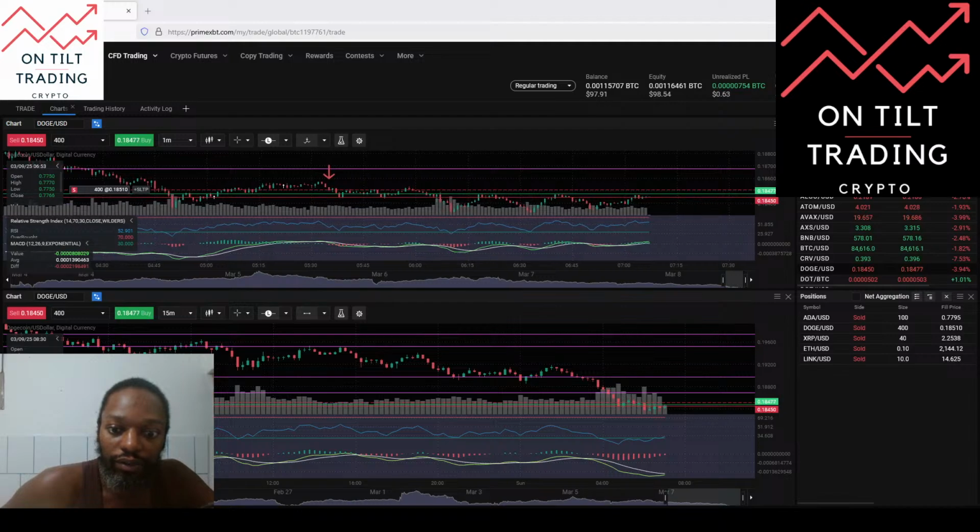Looks like sellers took control right here at this isolated pivot high on the 15-minute. Then we get the sell-off through S3, through S4, and now we're sitting pretty well below S4.